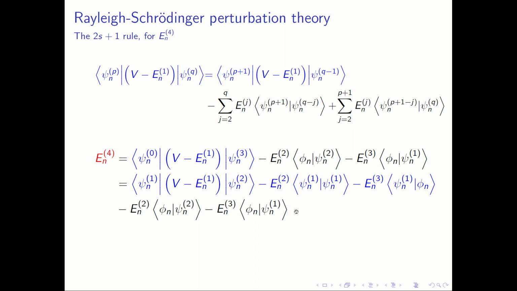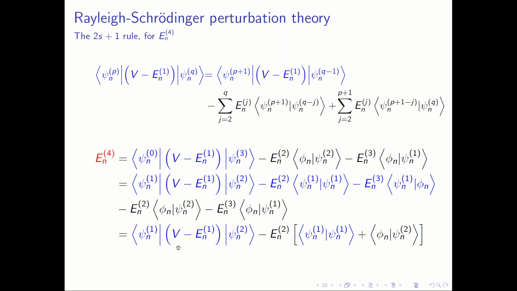Minus these two terms. Of course, you can see that the En3 term simply cancels out, because when you combine these two things together, psi n1 phi n plus phi n psi n1 is 0. So we end up with this result, psi n1 V minus En1 psi n2 minus En2 times this.